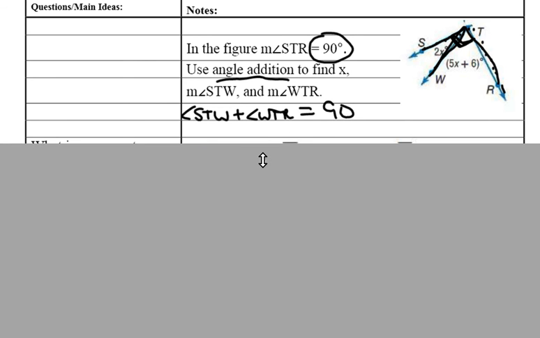So now I'm going to substitute my values in, and I would say 2x plus WTR is 5x plus 6 equals 90. And now I'd like for you to solve the equation to find x, STW, and WTR.